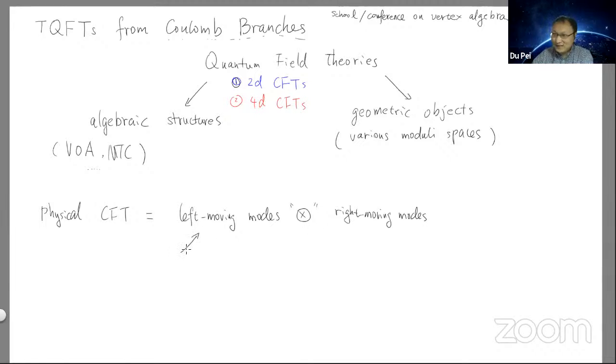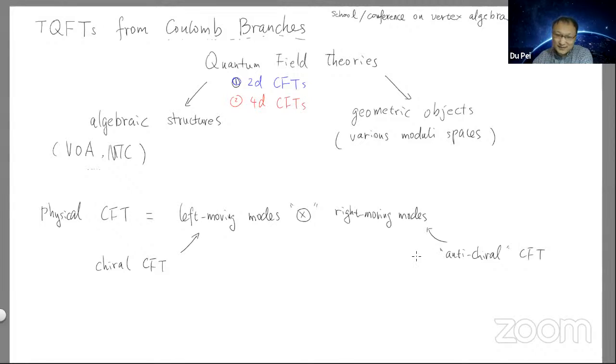For simplicity, one can often focus first on only the left-moving modes or the right-moving modes, and these are sometimes referred to as chiral CFT. The right-moving mode is also chiral, but to make a distinction between left and right, they can be referred to as anti-chiral conformal field theory.